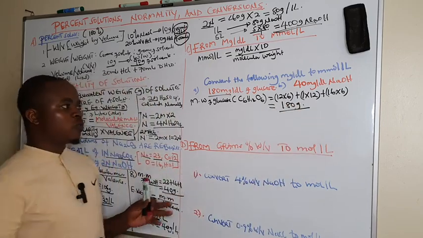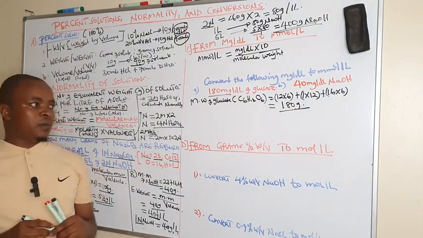So the molecular weight of glucose is 180 grams.